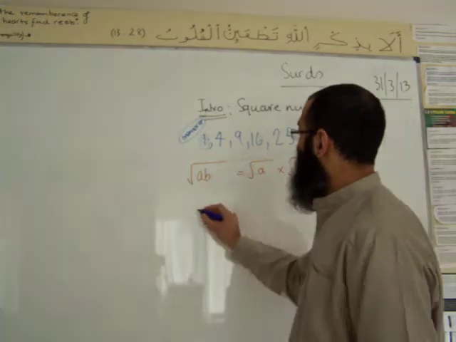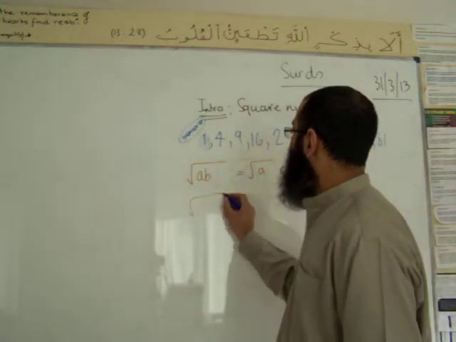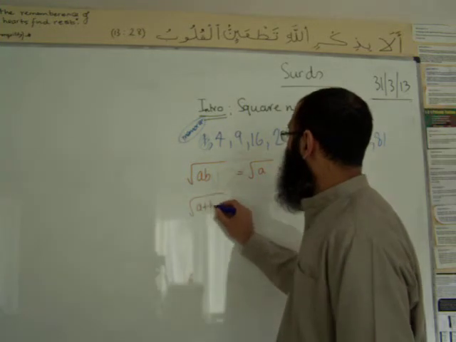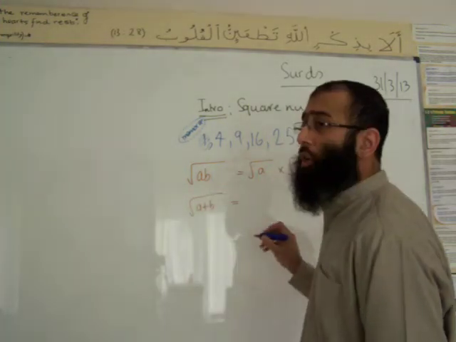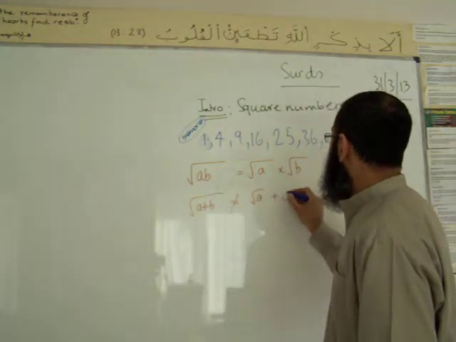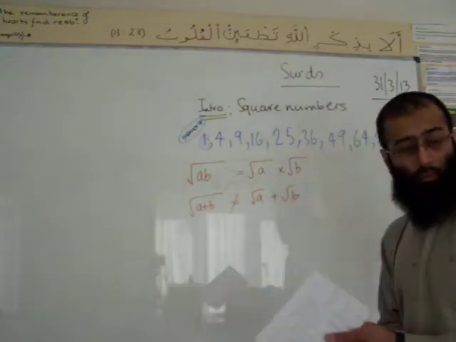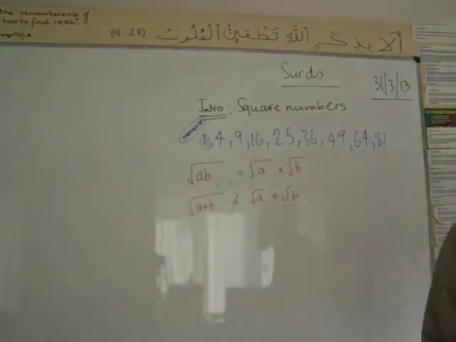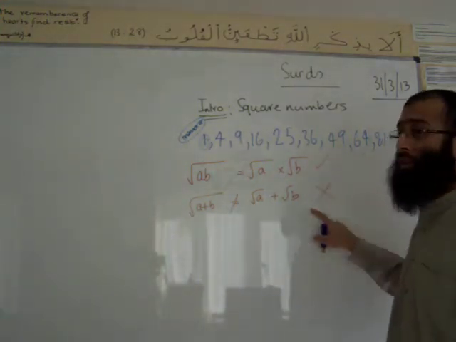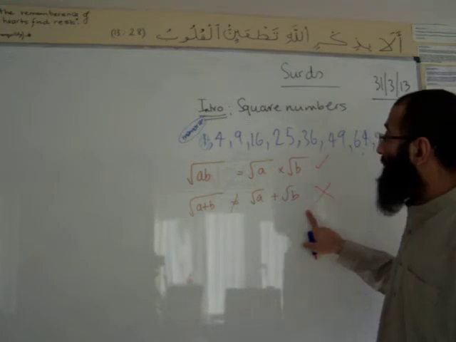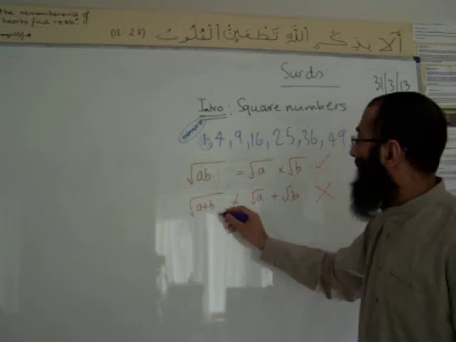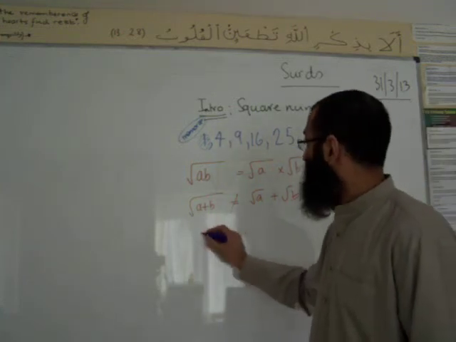Now, if you have A add B in your square root sign, you can't do anything to that. That is not equal to the root of A plus the root of B. So this we can do, and that we cannot do. That's not allowed. The same way we think we can split them up, can I split these up? No, I can't, because there's an add or a minus.